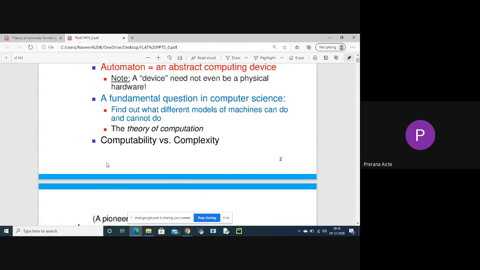Next, applications of context free grammar, applications of finite automata, and minimization of finite automata. These are very important topics in the given GATE syllabus.